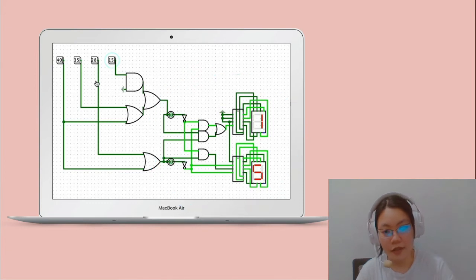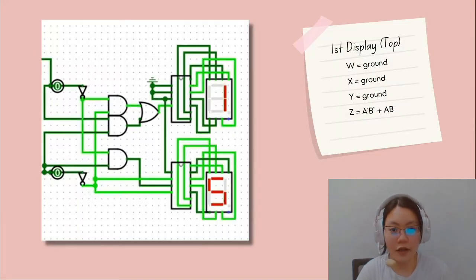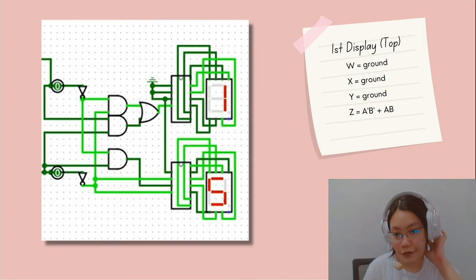and these are the Boolean expressions for the 4 inputs of our decoder, which was done in question 2.1.